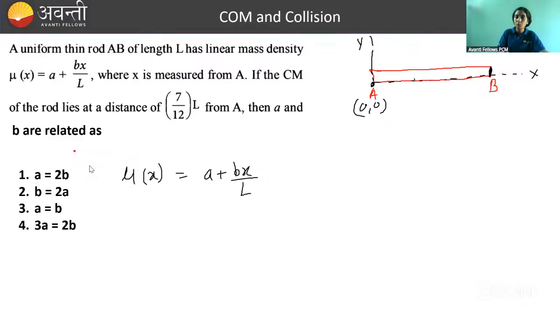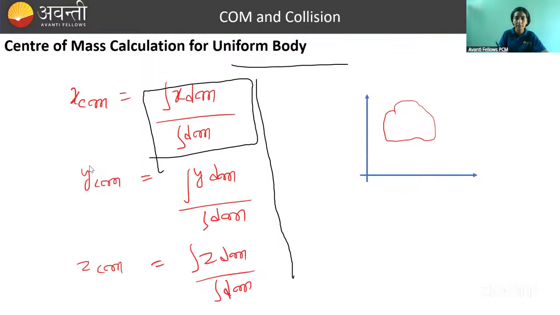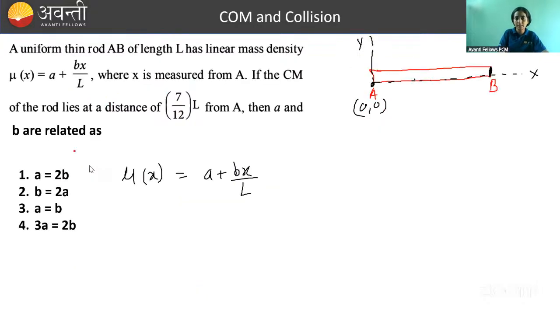Use the formula that I have written over here, right? So use it. What will be the XCM? So this will be equal to, let's take one element here, because each element of this rod will have its center of mass at its own point.